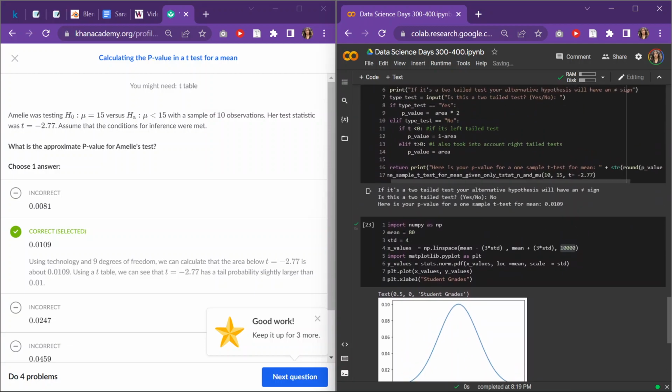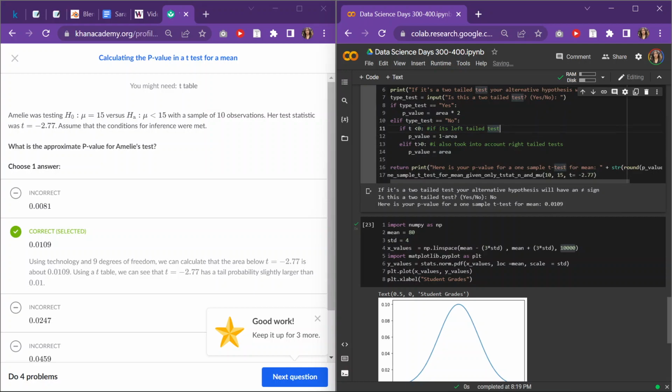And so over here, it just didn't make sense to me that if I said that t was less than 0, then the p-value would be equal to 1 minus area. Why would it be less than? I forgot why I did this. If type test is equal to no, is it always when t is less than 0, it's a left-tailed test?